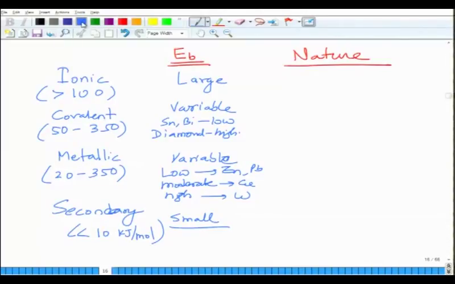Now, an ionic bond is typically non-directional. It does not have a particular directionality. On the other hand, a covalent bond is very directional. If you look at silicon, for example, this is the central silicon atom, bonded by 4 silicon atoms, and these silicon atoms are also bonded by 4 silicon atoms.